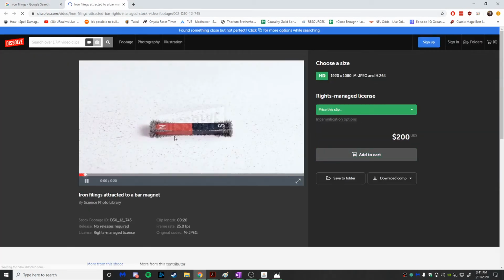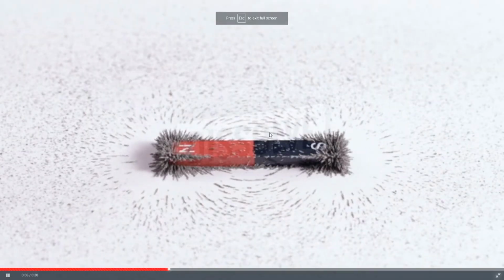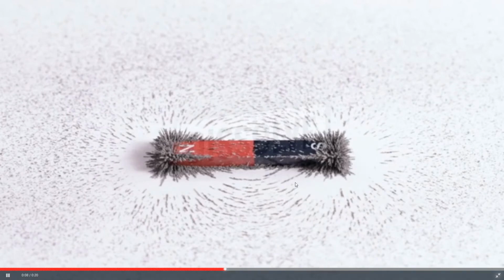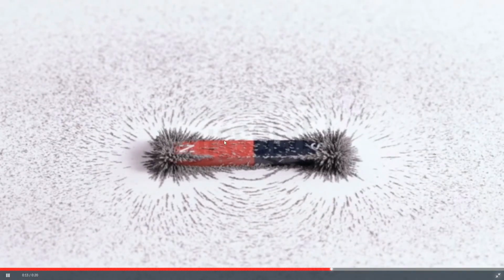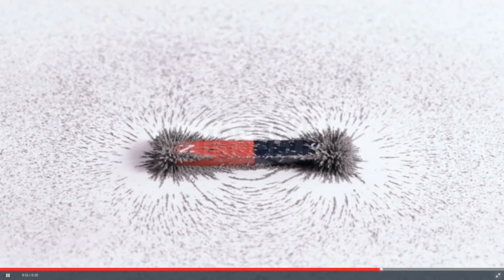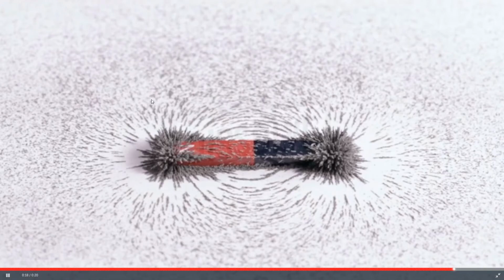Pull this up. Oh, this is a video. Do you see all these little lines right here? How they're curvy? There are these little points that come out of here, but you can see a pattern, right? You can visibly see that those little lines represent the magnetic field of this here.